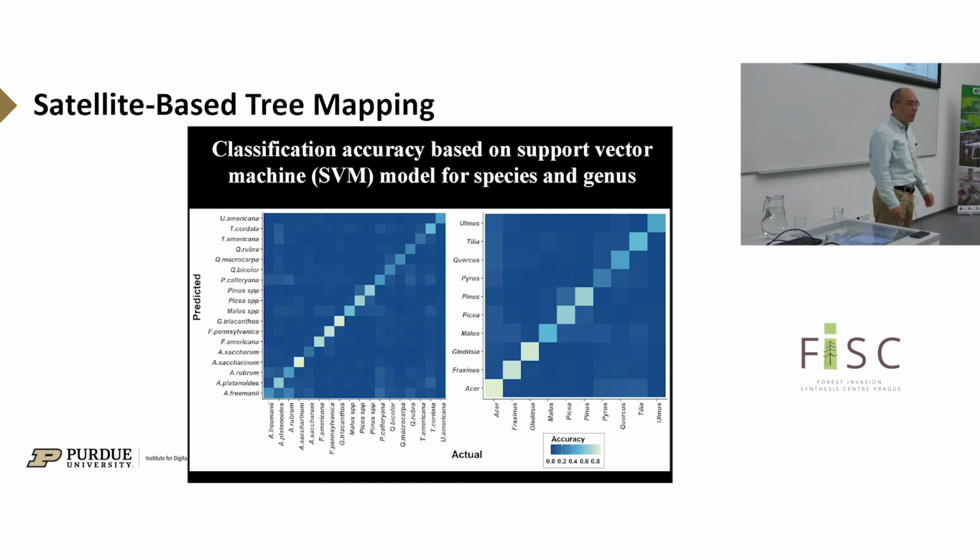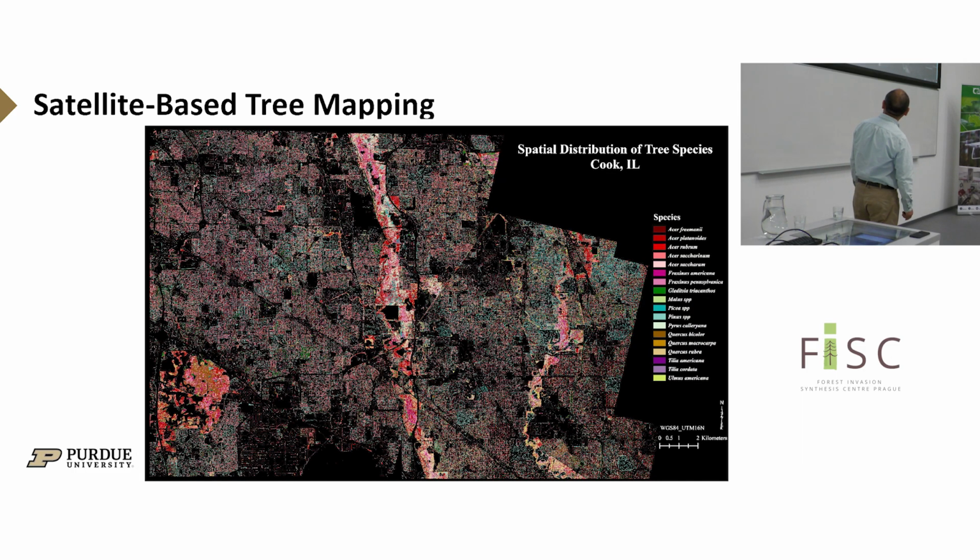The oaks are often easy to confuse, because different oaks, even when we're on the ground, we couldn't really tell them apart. And here's, again, the entire Cook County in Chicago. We now have a species map for the urban area, right?